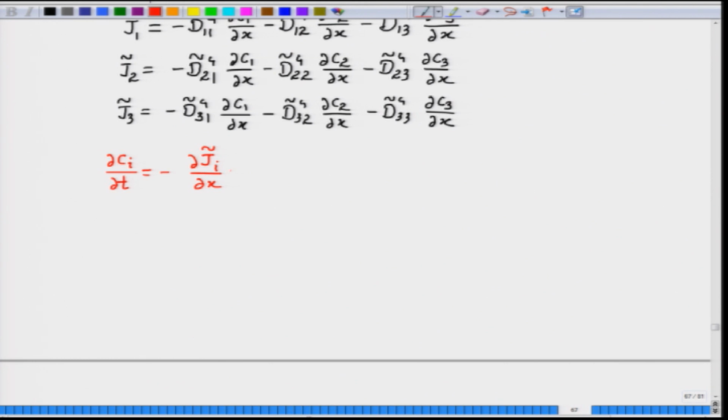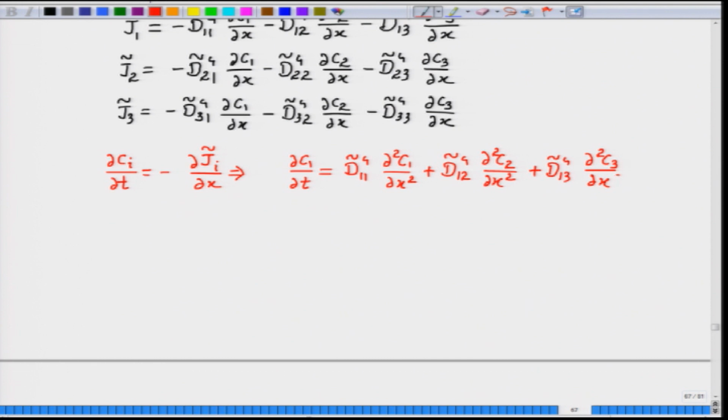So, if we expand this continuity equation again for the 3 components, we can write dou C_1 by dou t is equal to, since we are assuming that all the D_ij tildes are constant, we can take them outside and we can write the right side as D_11 tilde 4 dou 2 C_1 by dou x squared plus D_12 tilde 4 dou 2 C_2 by dou x squared plus D_13 tilde 4 dou 2 C_3 by dou x squared.